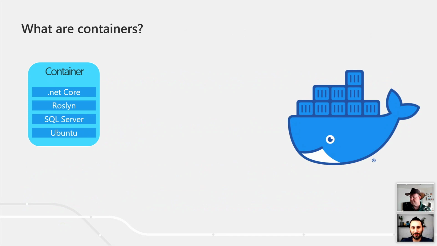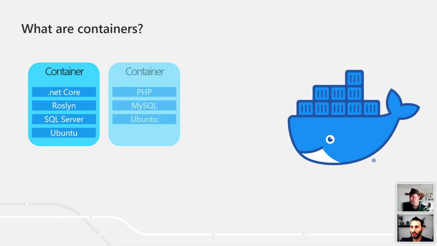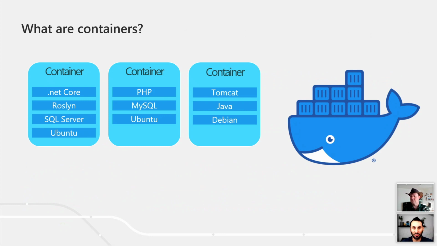It's a bit different than a VM because you don't have to simulate hardware. You don't have to have a full operating system in different parts of the blocks you want to run your application on. Basically, you just take your application, you take the runtime you need to run your application, and you put it in a sealed box that's called a container.